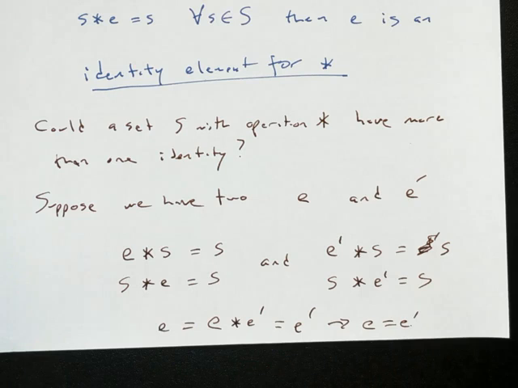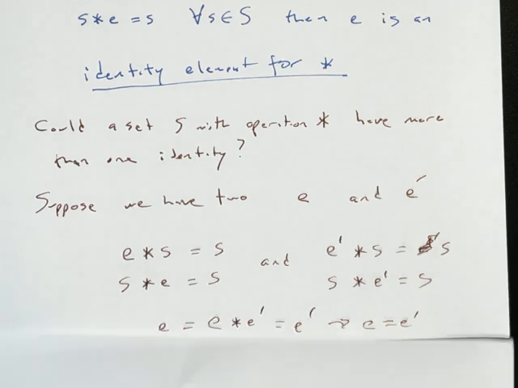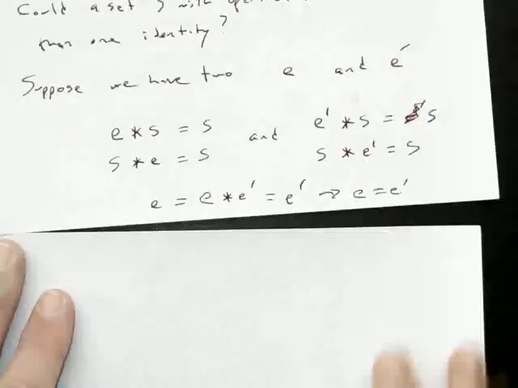We have just done a proof by contradiction of the following theorem, that any set that does have an identity has at most 1.